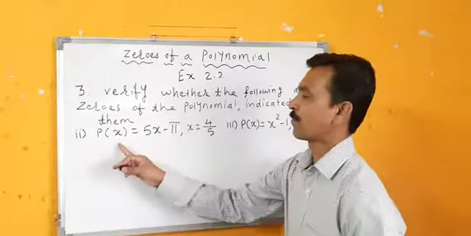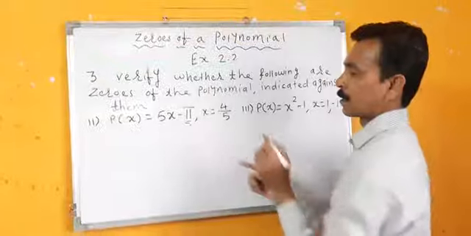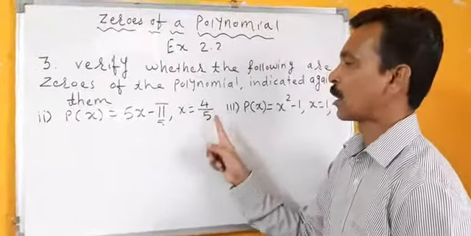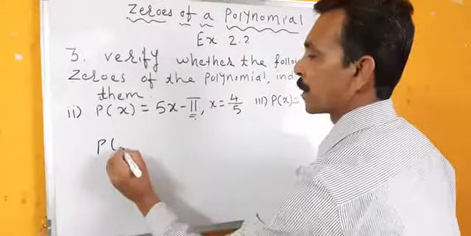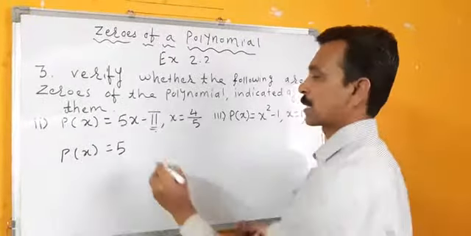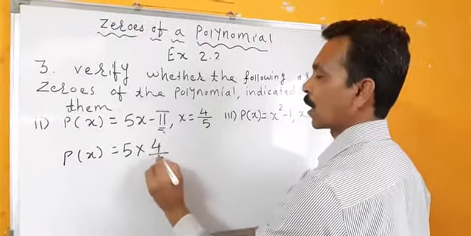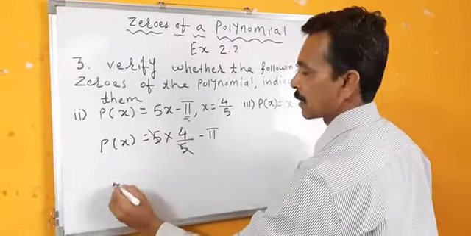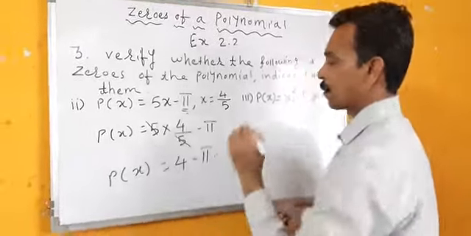Second sum is p of x is equal to 5x minus pi, where pi is an irrational number, and x is equal to 4 upon 5. So p of x is equal to 5 into x, and the value of x is 4 upon 5, minus pi. 5 gets cancelled. p of x is equal to 4 minus pi.